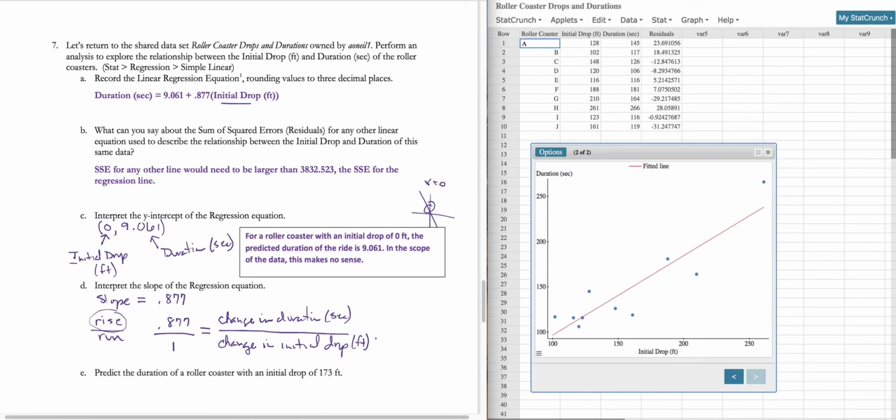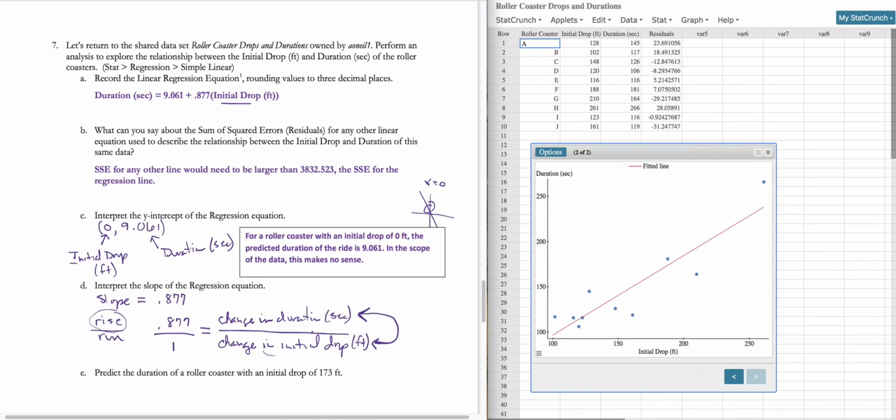So to interpret our slope, we begin with the bottom of this fraction and talk about the change that would be predicted in the top. That's because the bottom, the run, is our explanatory variable, and the top of the fraction, the rise, is our response variable.